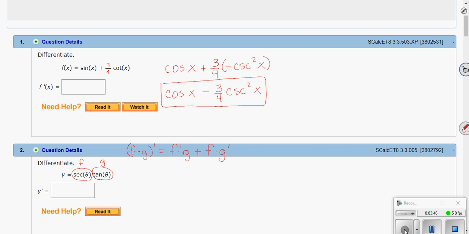So the derivative of secant is secant times tangent. So y prime, the derivative of f, is secant x tangent x, times, oh, they're using thetas instead of x's. That's all right. I'll go back and replace it later.